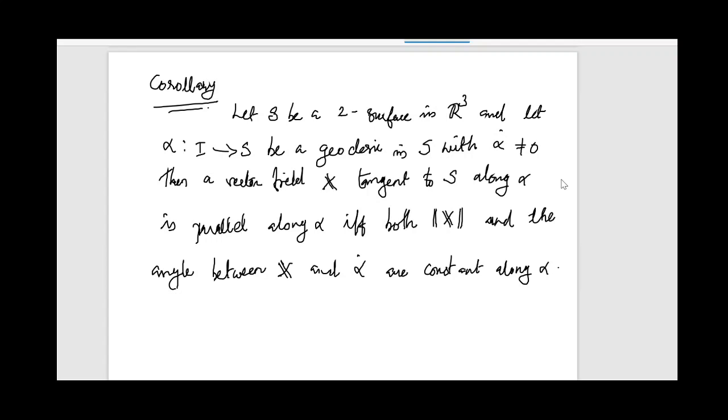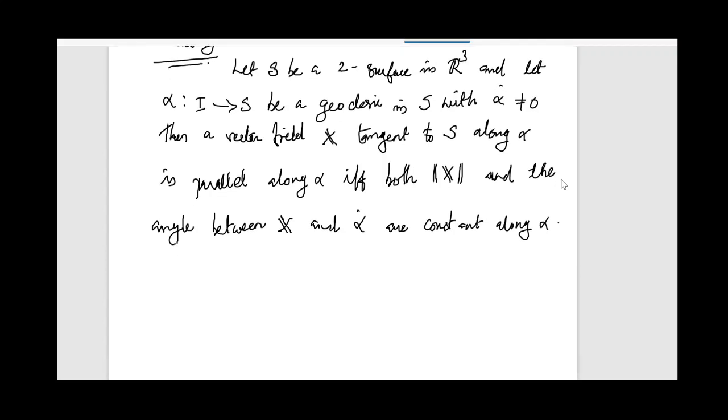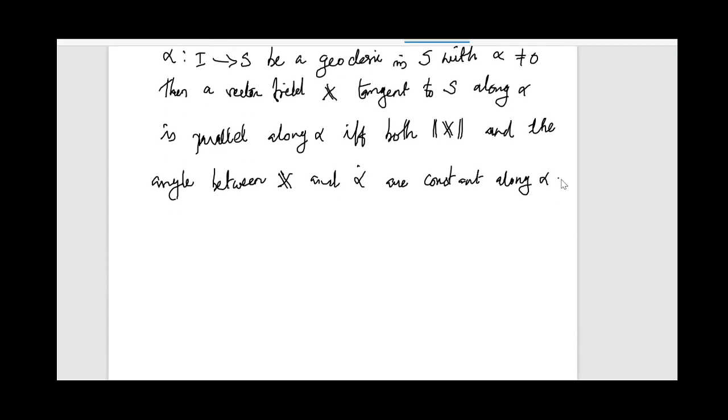With alpha dot not equal to 0, a vector field X tangent to S along alpha is parallel along alpha, that is, X dash equals 0, if and only if both norm X and the angle between X and alpha dot are constant along alpha. So we want to prove it in two ways. Proof.